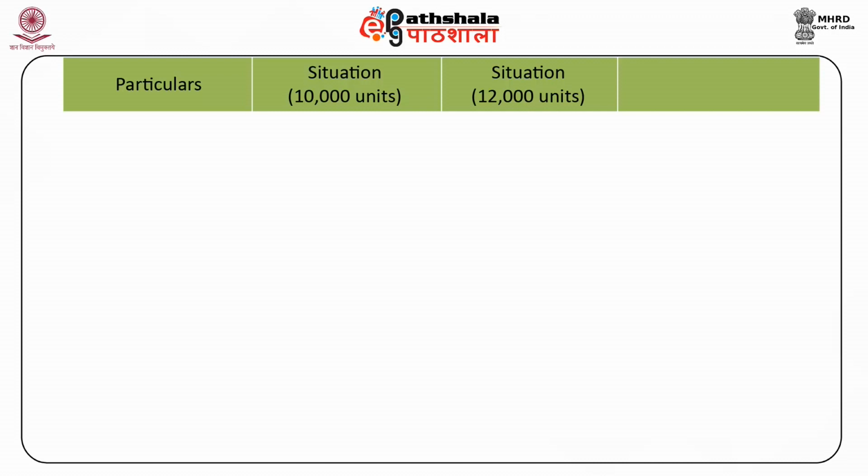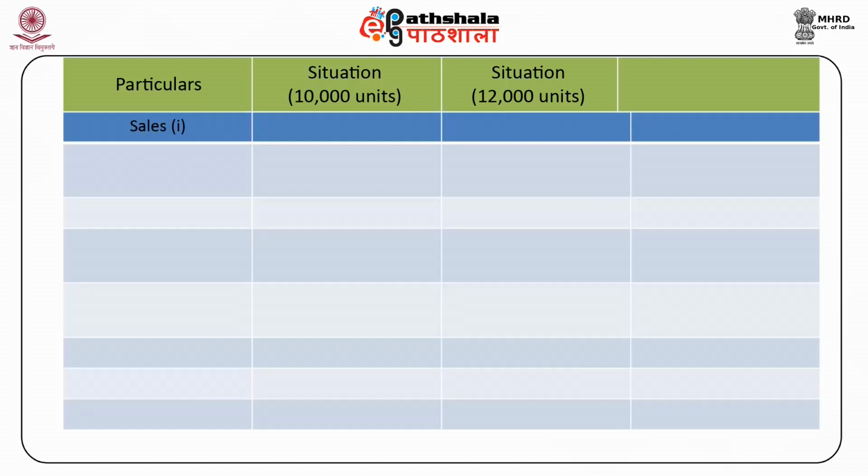Thus, the total sales is Rs 50,000 and Rs 56,000 respectively. Since we are already given the profit figure of the existing situation, that is Rs 5,000, we shall calculate the same for the proposed situation, that is when the number of units is 12,000.